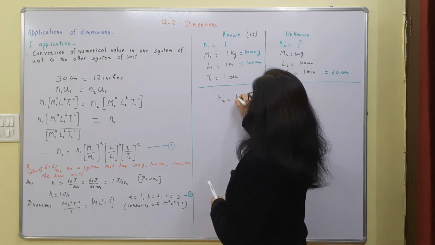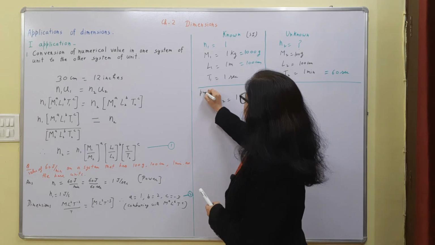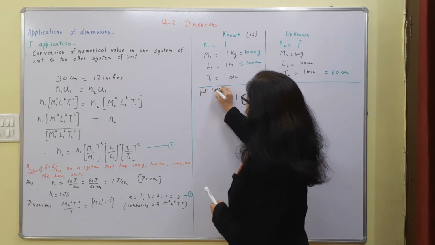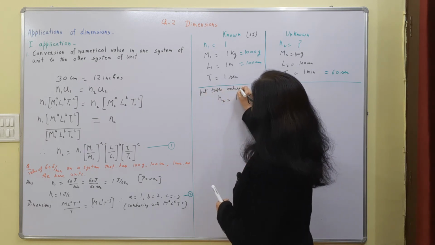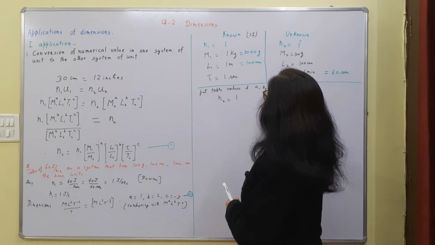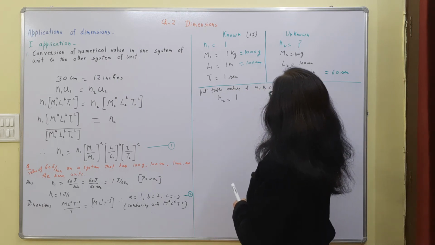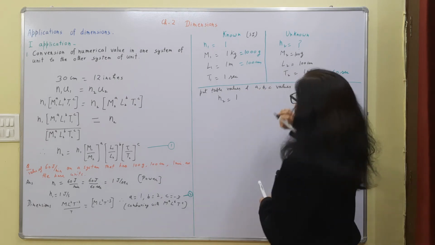So N2 is, N1 is how much? I am putting the values, put table values and ABC values in equation 1.